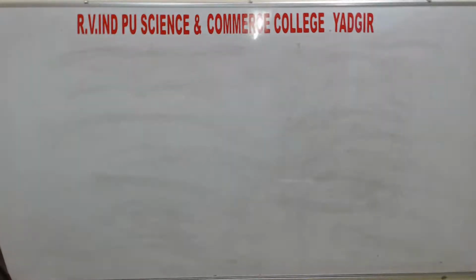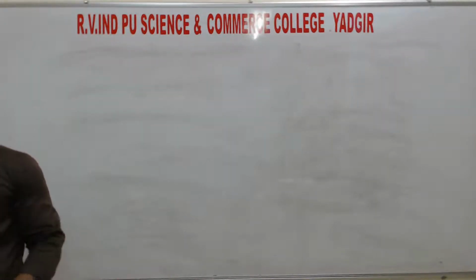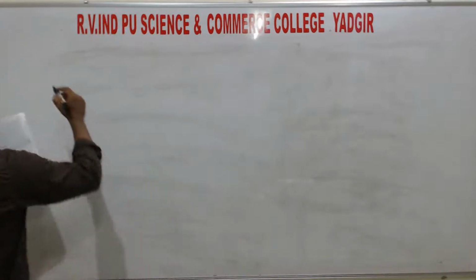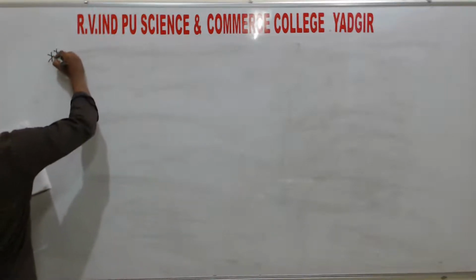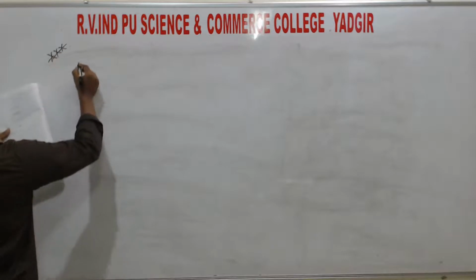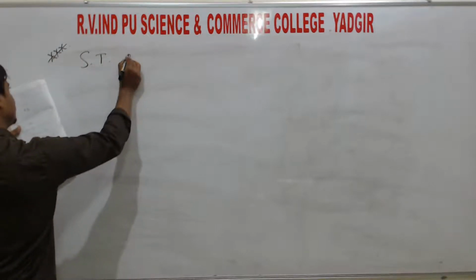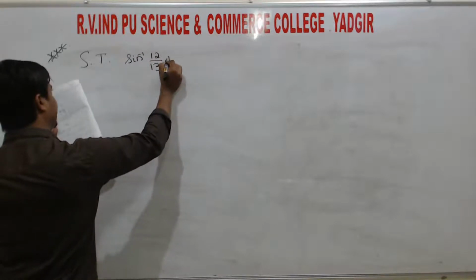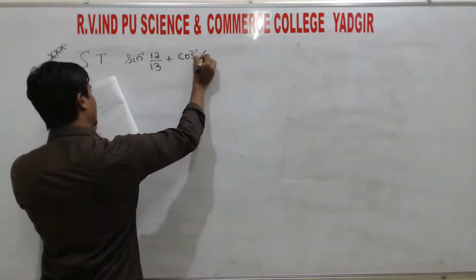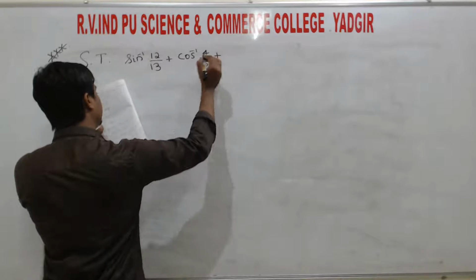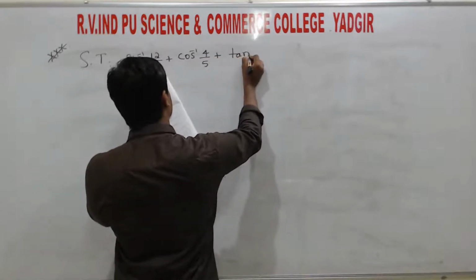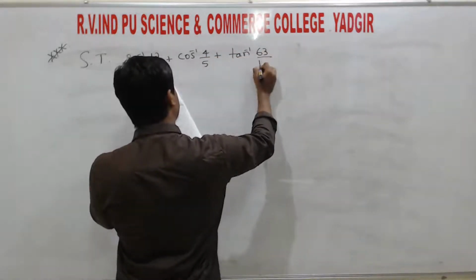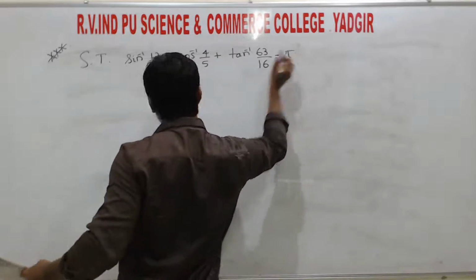Next question. Show that sin inverse 12 by 13 plus cos inverse 4 by 5 plus tan inverse 63 by 16 is equal to pi.